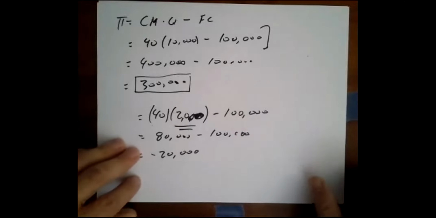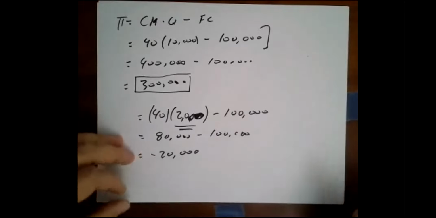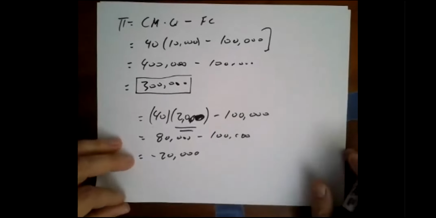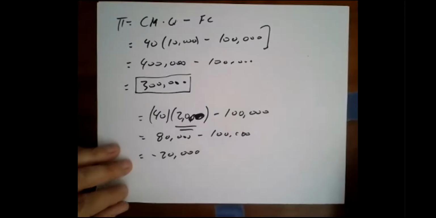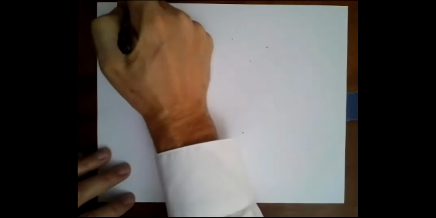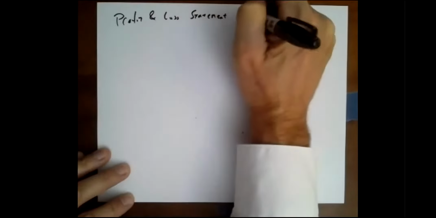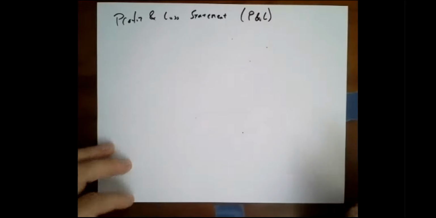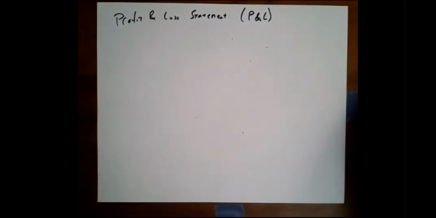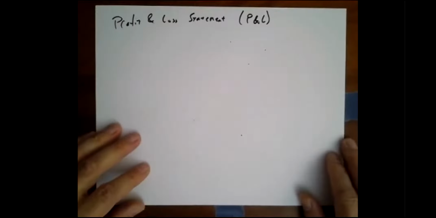All right. So once we have this structure, once we have the formula for their profits, we can build what's called a P&L, a profit and loss statement. You'll hear this phrase P&L used a lot in business. This is not a healthcare thing.